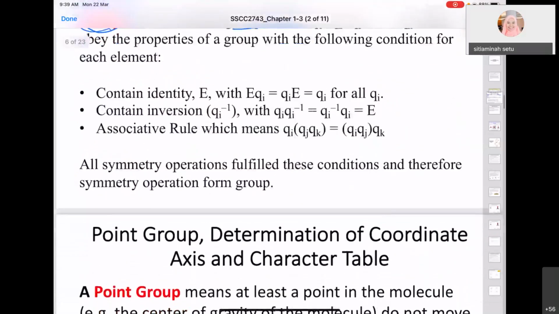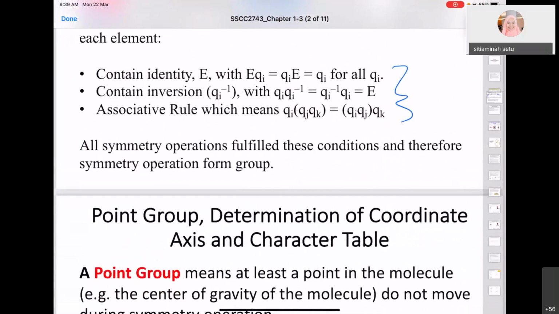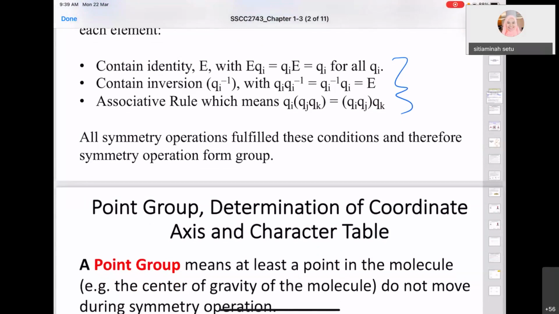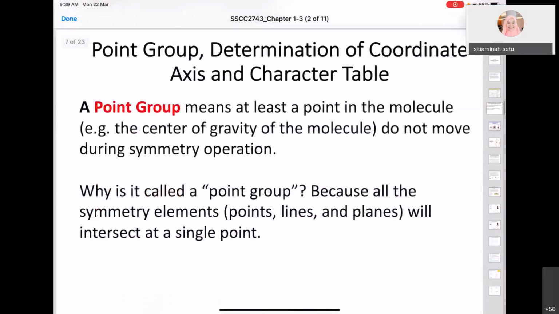Yang ini tak perlulah. Yang ini kalau nak go detail dia akan lebih complicated lah. So all symmetry operations fulfill this condition and therefore symmetry operations form a group. So ni yang saya kata tadi, a point group means at least a point in the molecule, for example the center of gravity of the molecule, does not move during the symmetry operation.